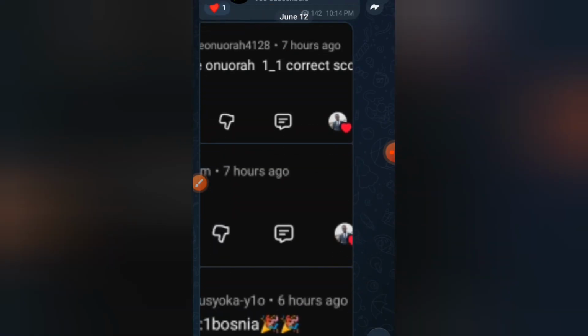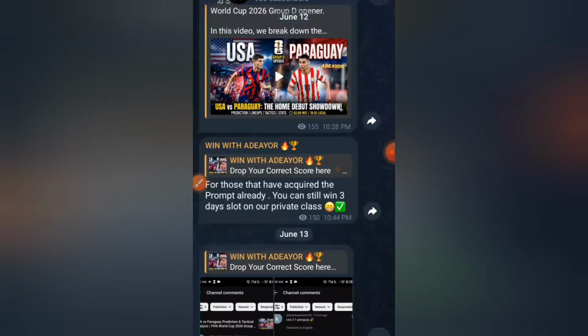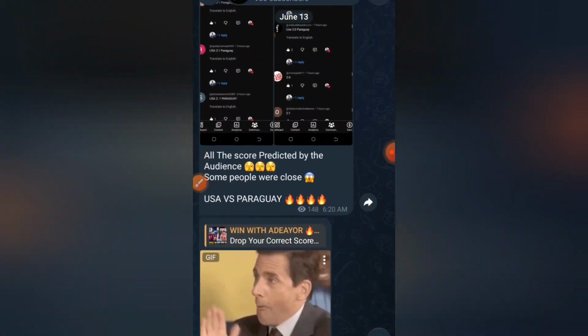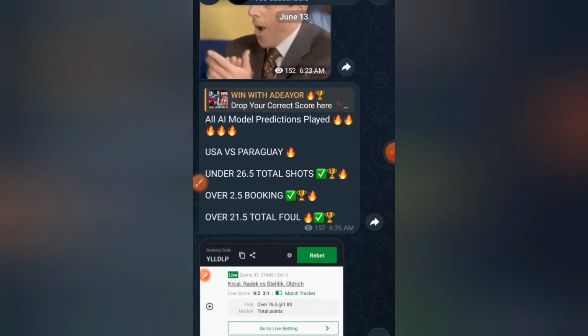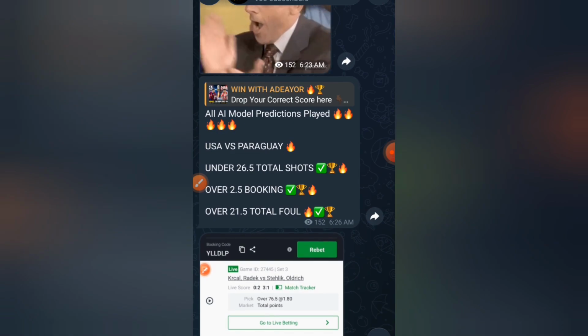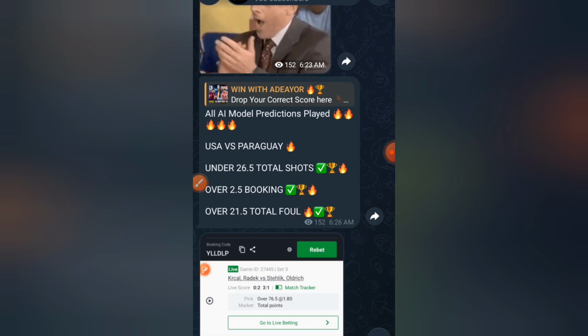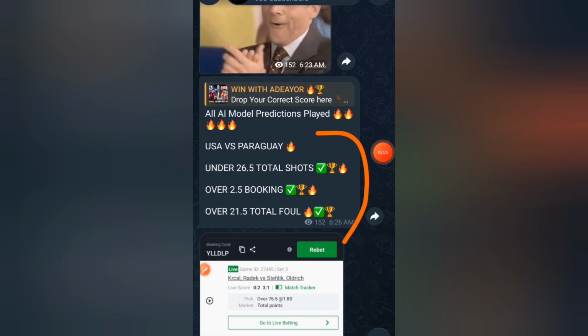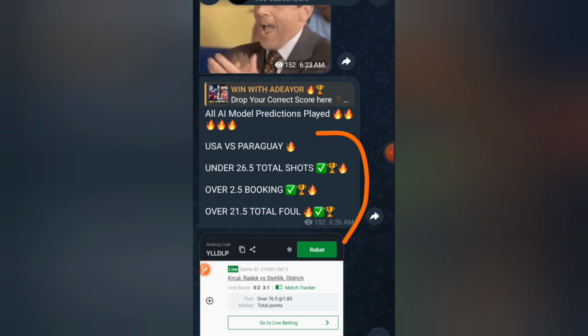There are some games where, whenever we look into their stats for the total shots, we notice that the data is complex, and we always avoid the total shots. Alright, so the match between USA and Paraguay, I think there was clear data for that particular match that it would end up as under 26.5 total shots, and it also came out so well.